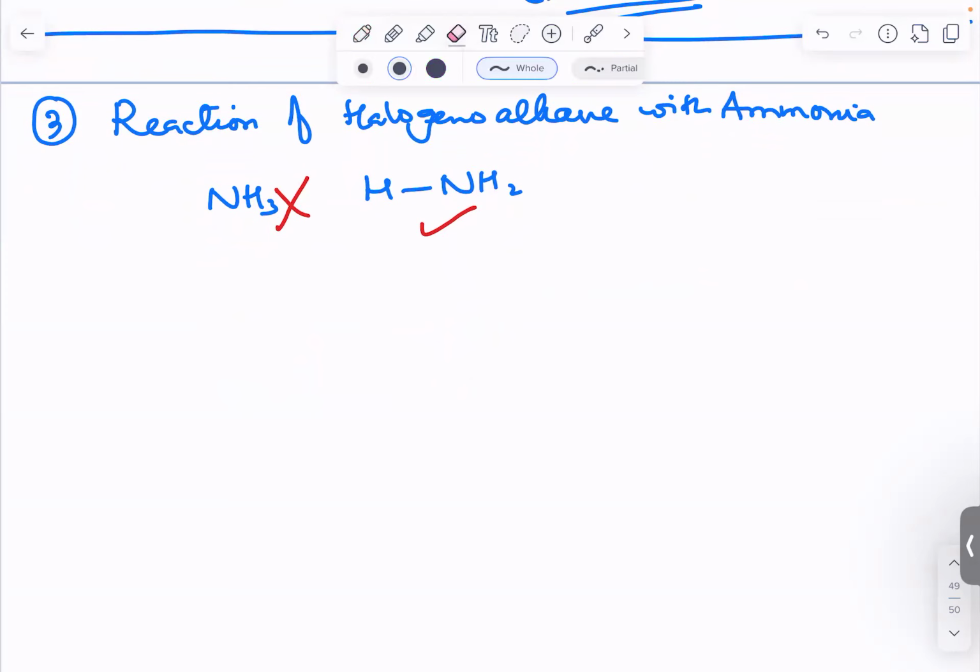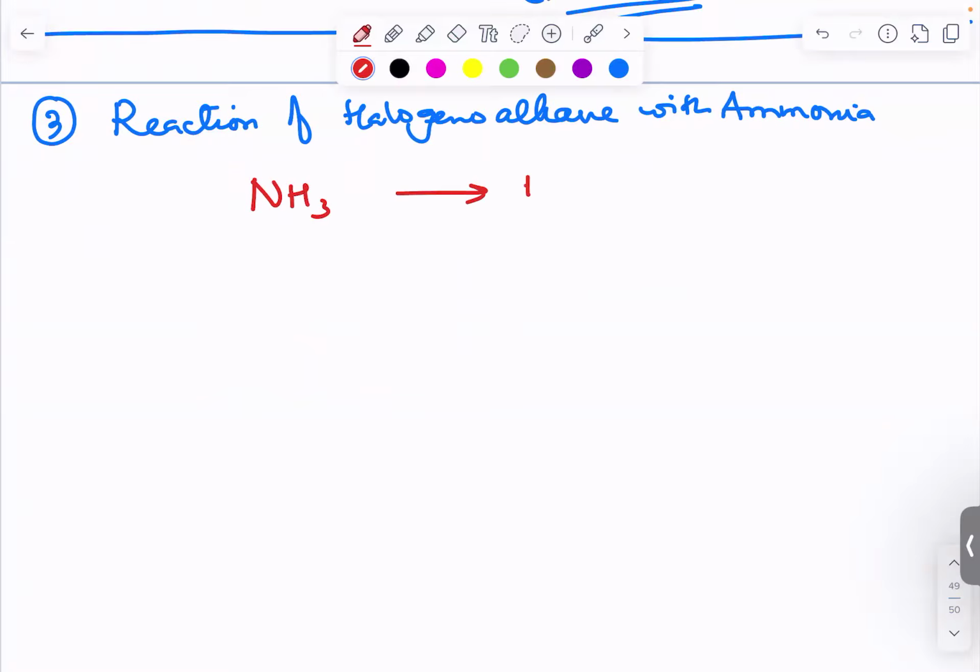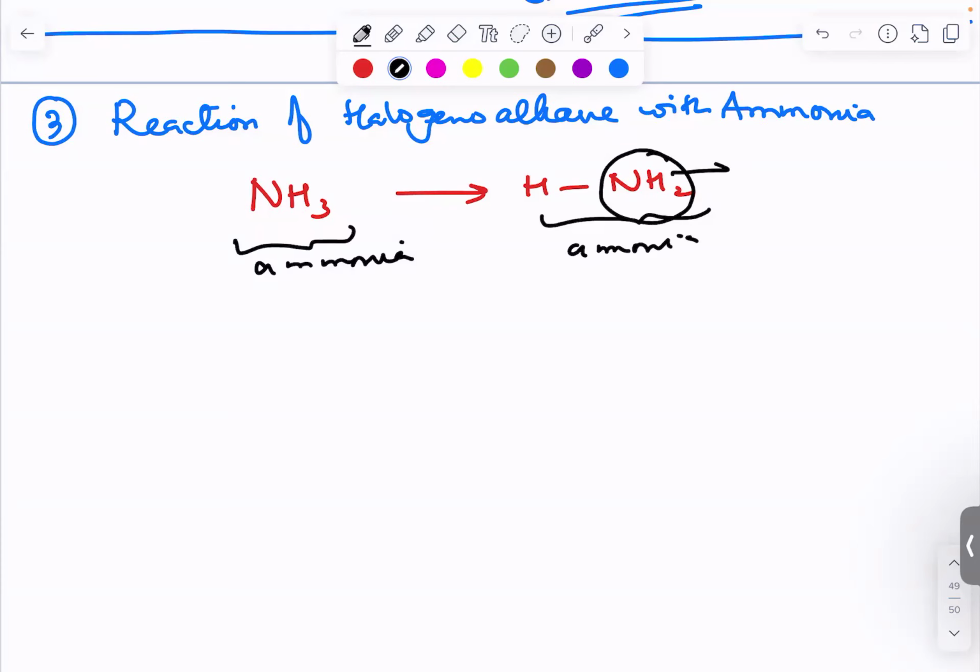But eventually you will see that you are going to get the same thing. There is no difference between the two. Can you see this? This is also ammonia, and this is also ammonia, but I have written it in this way so that it can be easily done. This would be the functional group, which is called amine. So I'll show you how we are going to do this.